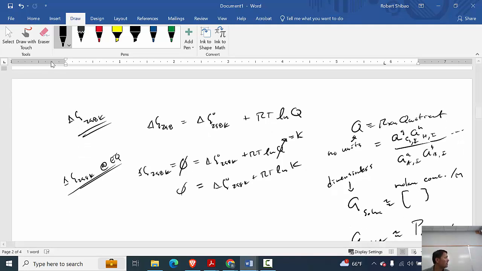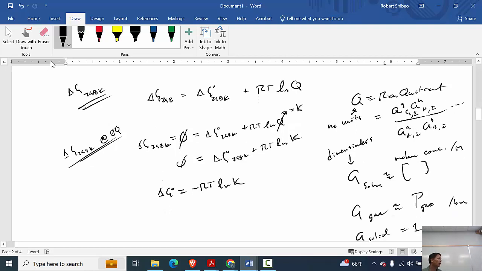Not delta G, but delta G naught. We could calculate delta G naught because it's just going to equal minus RT ln of K. And so we need to add this to our ways of calculating delta G naught at 298.